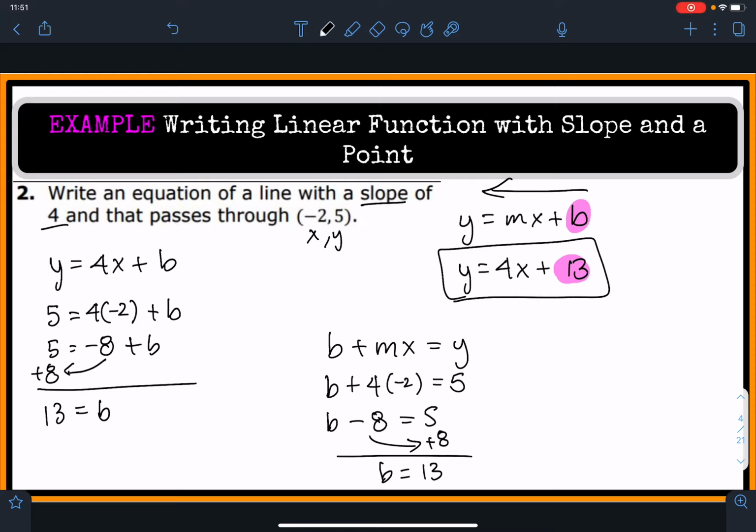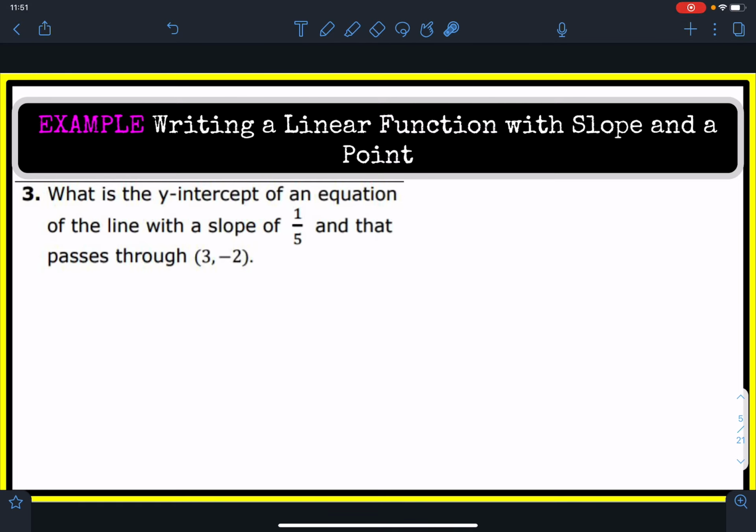So in the next examples, when we're looking for the y-intercept, I'm going to be writing this exact same equation, just in this order, backwards. Notice again that it's written backwards: b plus mx is equal to y. So on this example right here, we're provided that the slope of the line is equal to 1/5. We just now need to identify what the y-intercept is.